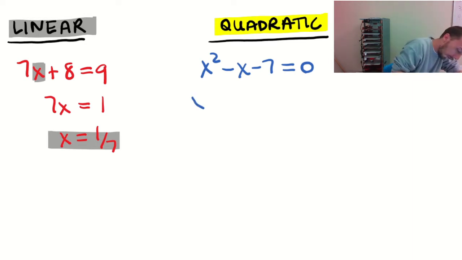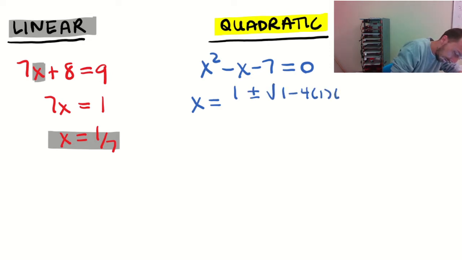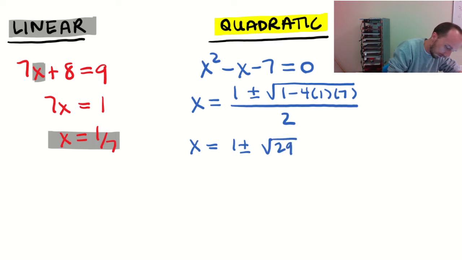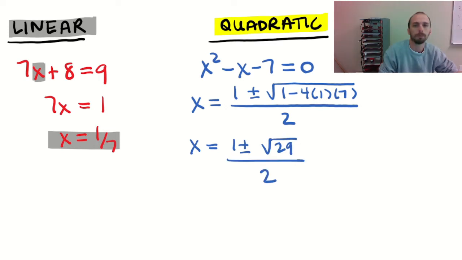And so we saw that we could always solve a quadratic equation that was set equal to 0 using the quadratic formula, which was x equals -b plus or minus the square root of b squared minus 4ac, all divided by 2a. Okay. And I could simplify that a little bit. I could get 1 plus or minus the square root of 29, all divided by 2.